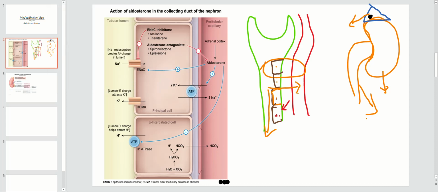Aldosterone causes sodium reabsorption into the blood. 3 sodium are reabsorbed into the blood and it throws potassium out into the endothelial cells, and then this potassium is thrown out into the lumen through these ROMK channels, right? And sodium is also coming inside these endothelial cells, and then it is again reabsorbed into the blood.